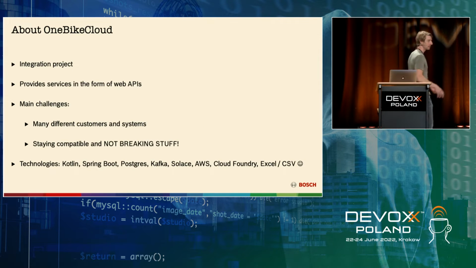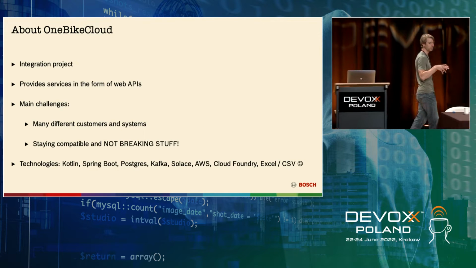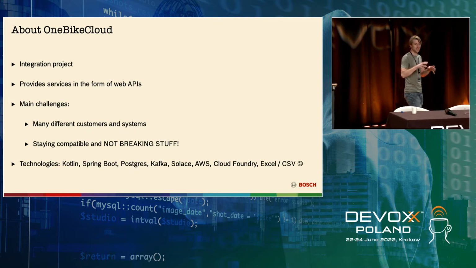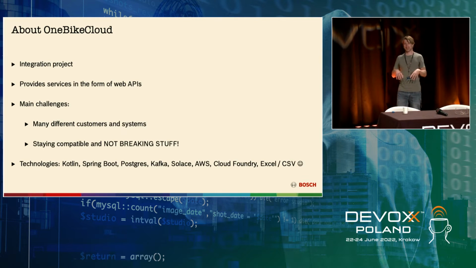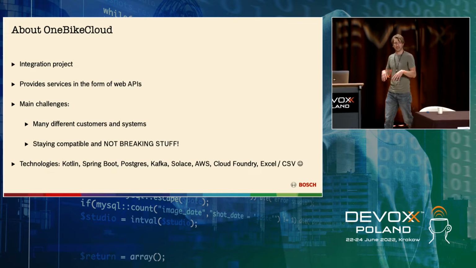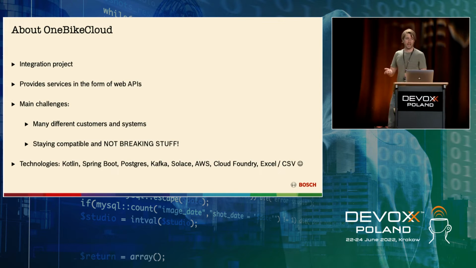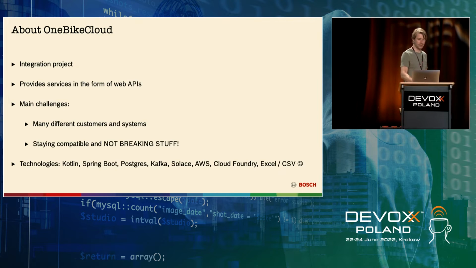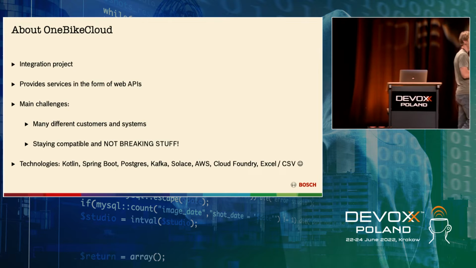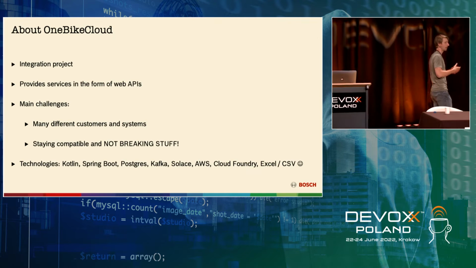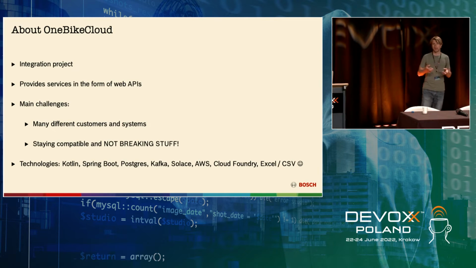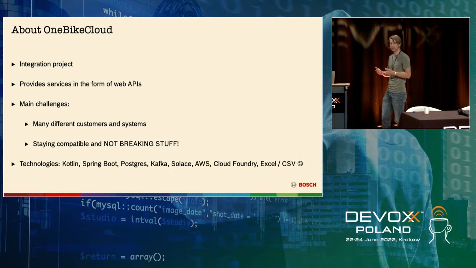As you can see, we have lots of different target groups, also internally in Bosch of course. And so we're mainly an integration project. Our services are offered mainly in the form of web APIs. We also have some asynchronous processing with Kafka and stuff like that, but mainly our APIs are web APIs.